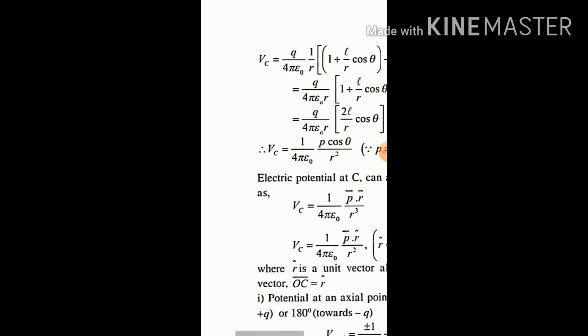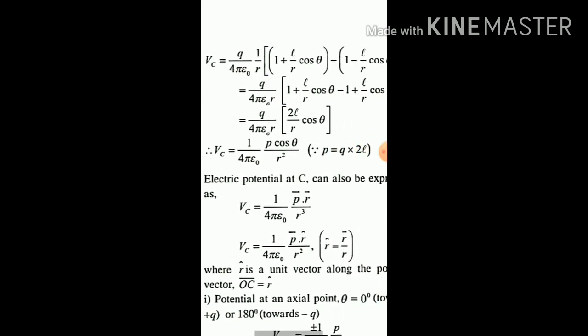Then this is the rearrangement of the above equation. Therefore, Vc equal to 1 upon 4 pi epsilon 0 into P bar dot R cap upon R square, because R cap equal to R bar upon R, where R cap is a unit vector along the position vector OC bar, which is shown in the diagram above.